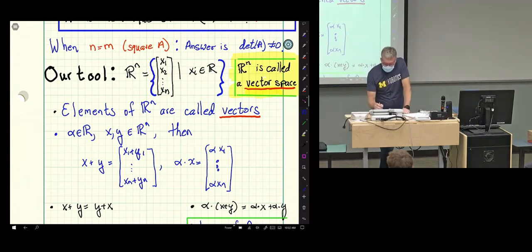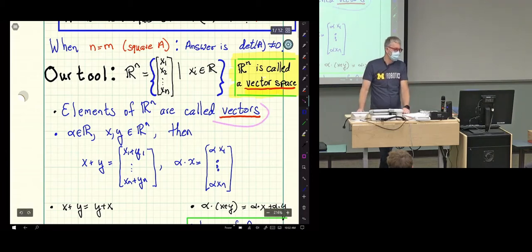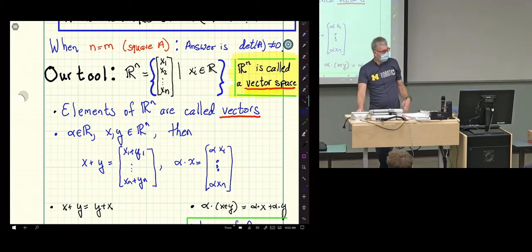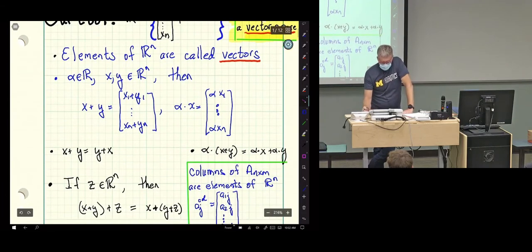Now we don't call elements of Rn column vectors, we simply call them vectors. Just assume that they're column, but if you want to call them column vectors, no one's going to slap your hand or anything. Then we looked at the algebra that we can do in Rn. So we know how to add two vectors.